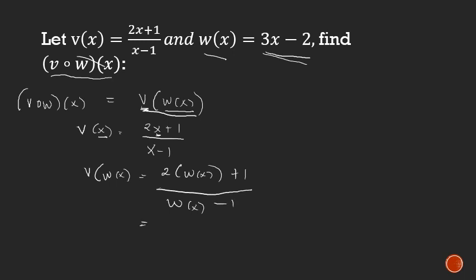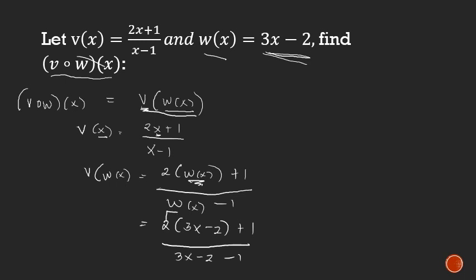We have now v of w of x equals 2, the x becomes w of x plus 1 all over w of x minus 1. Then substitute, since we already know the value of w of x, which is the 3x minus 2, that becomes 2 times 3x minus 2 plus 1 over 3x minus 2 minus 1. Then distribute 2.